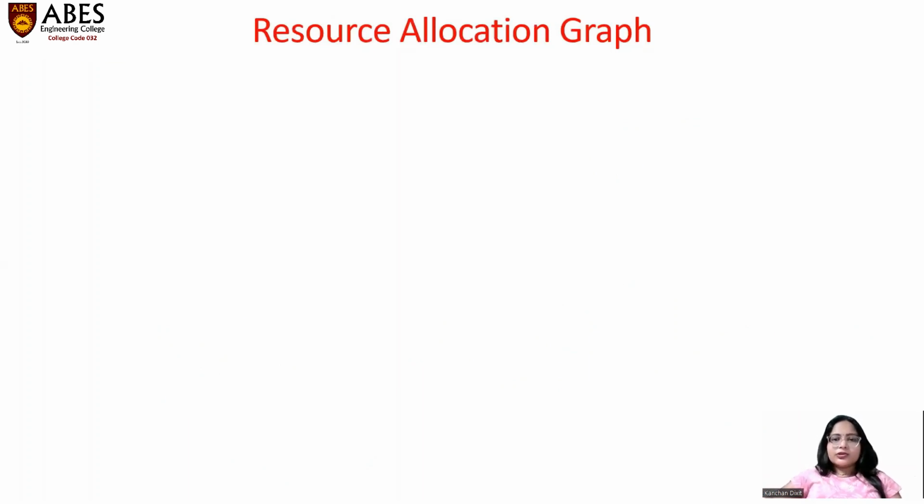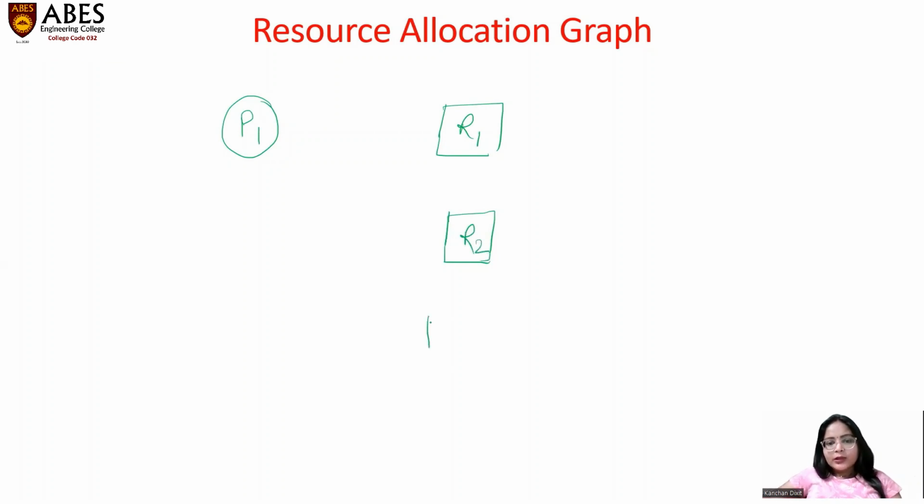Now, what is a resource allocation graph? A resource allocation graph is a graph that represents resource allocation. Suppose there are resources R1, R2 and R3, and two processes.